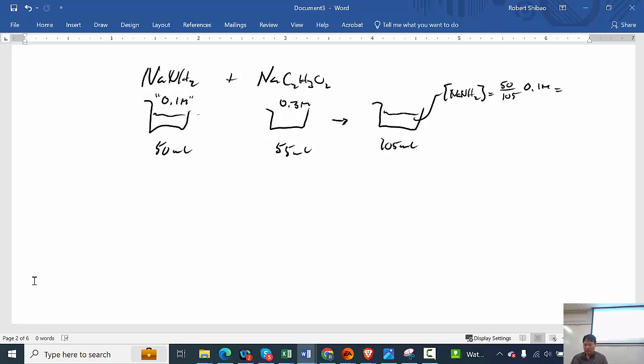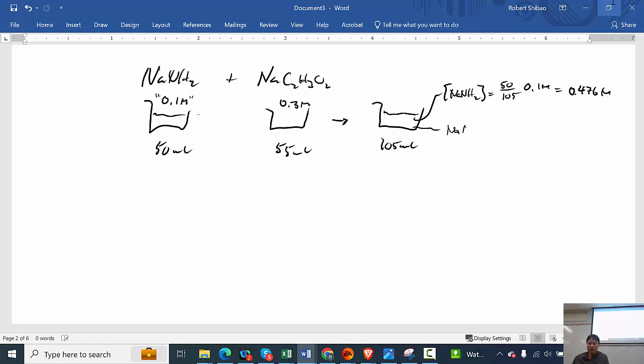And so these numbers are a bit of a pain. And so this is going to come out to 0.476. Now, I don't want too much round-off error. Officially, this is only good to 1 sig fig, so 0.5 molar, but 0.5 molar is going to be too significant. So I'll just round once at the very end.